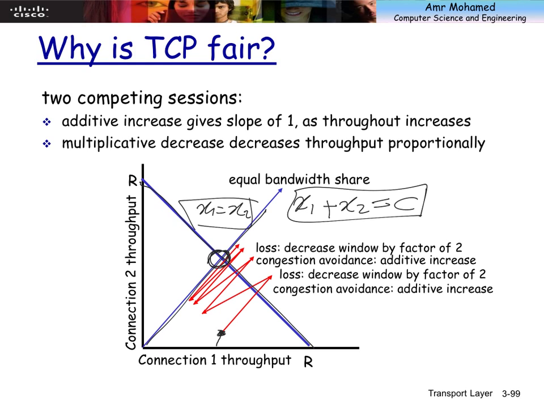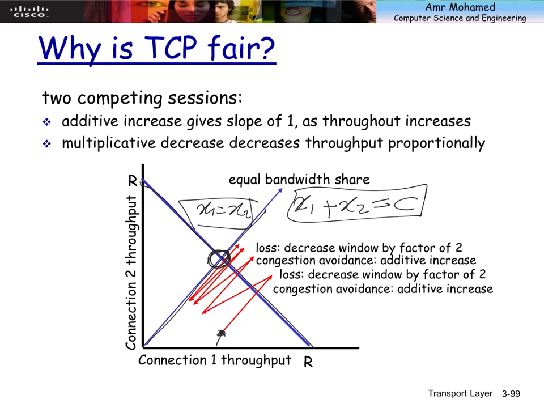Okay, so what will happen is that, assuming that there are no drops or no events on both sides, the window will start to increase linearly, in a way that allows the two to grow together, which means that the throughput allocated to each of them increases in an equal way.